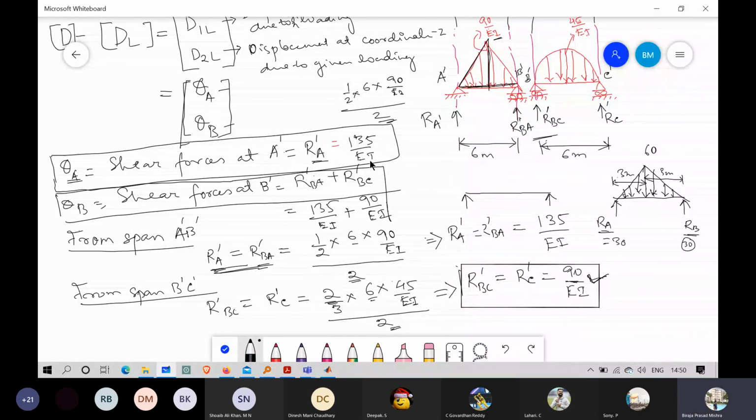And theta B equals RBA dash plus RBC dash, which is 135 by EI plus 90 by EI, and this equals 225 by EI. That's it.